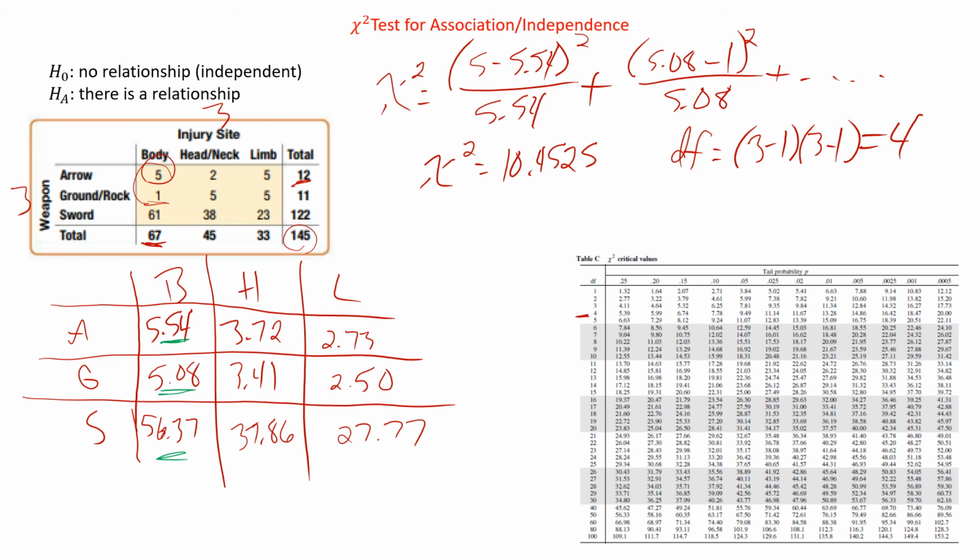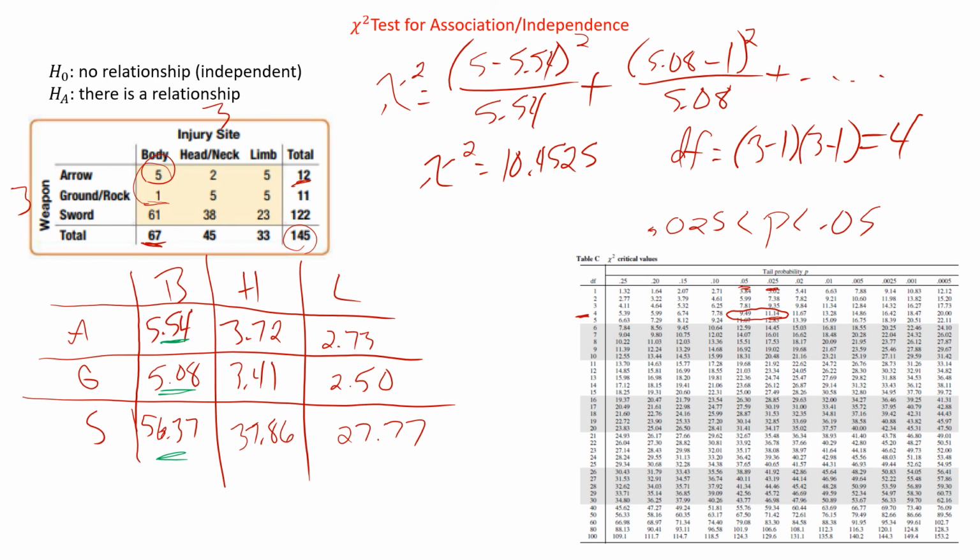So here we're looking in the 4 column, and that 10.45 happens in between 9 point something and 11 point something. So this means that our p-value is in between 0.05 and 0.025. So 0.025 is less than p, which is less than 0.05.